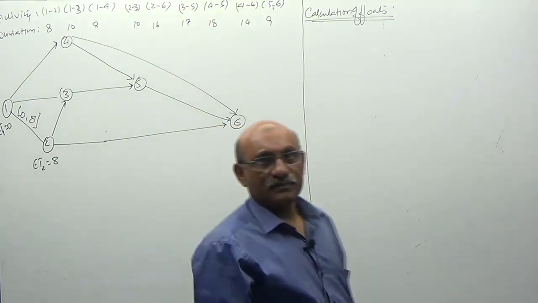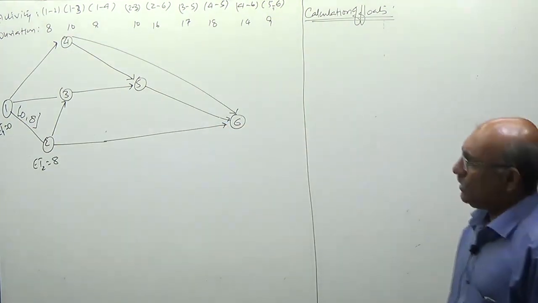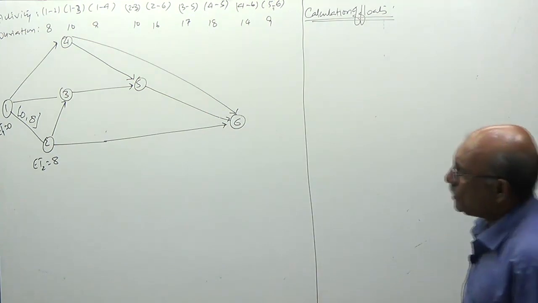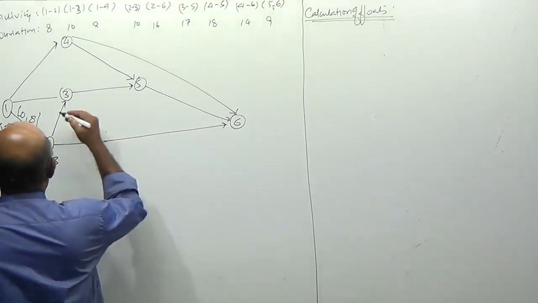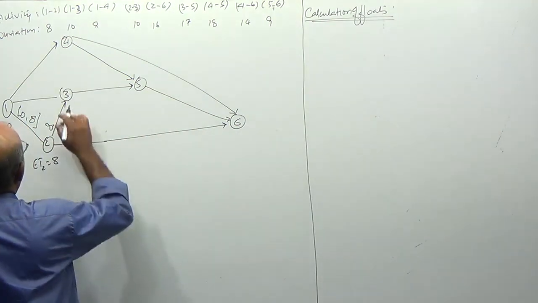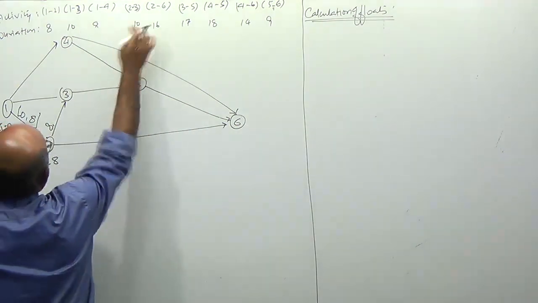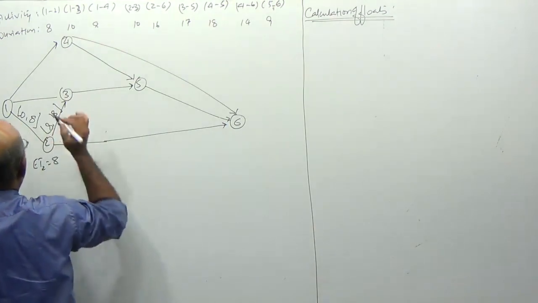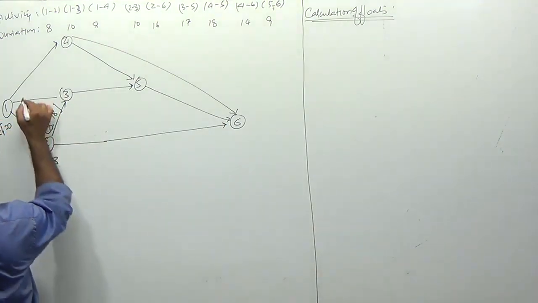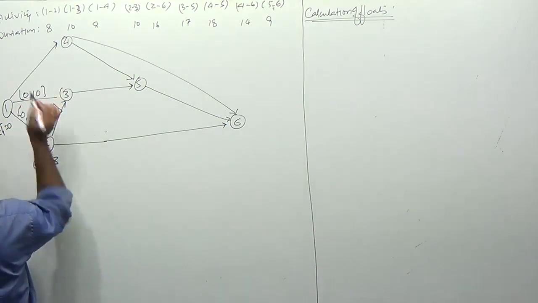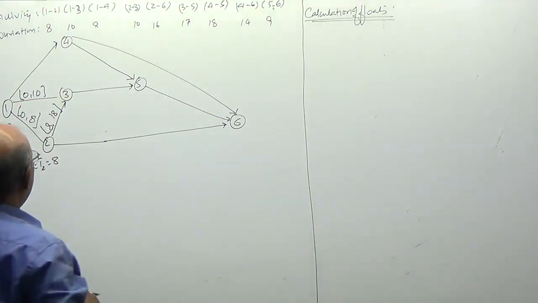On the 8th day you are reaching node number 2. Next, 2-3 will take how many days, sir? 10, so 18. 1-3: 0, 10.